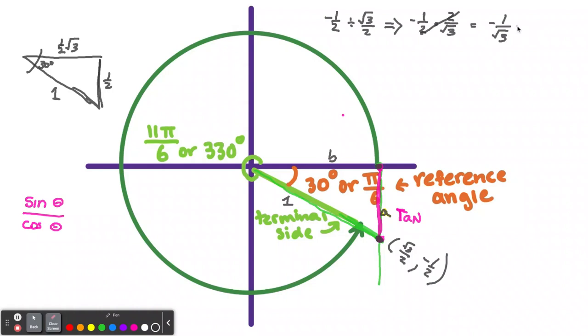And don't forget to rationalize the denominator. So now we're going to have square root of 3 over the square root of 9. Don't forget we have negative there. And then this will be negative the square root of 3 over 3. So now tan has a negative, but for the height, there's no such thing as having a negative height.